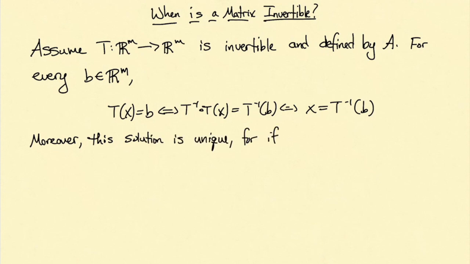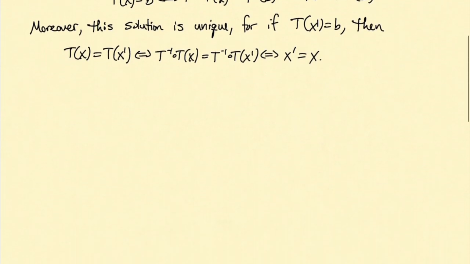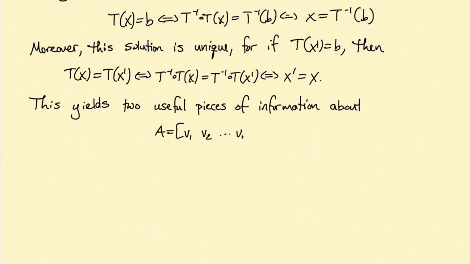For if there were a second vector, x prime, such that T(x prime) equals b, then we can apply T inverse to both sides to see that x and x prime must be the same. So this yields two useful pieces of information about our matrix A.